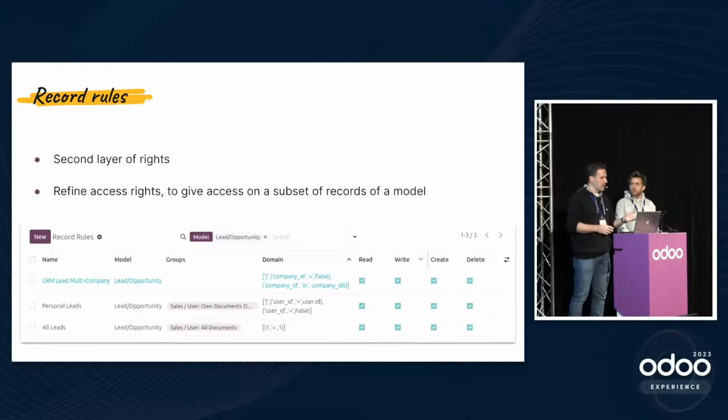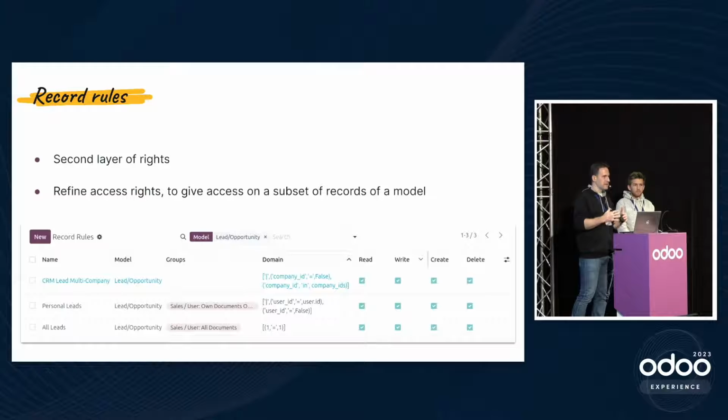These are specified not just with Boolean checkboxes as with the access rights, but with expressions, conditions that we write in the syntax of Odoo domains. They look like these expressions in the domain column that you see on the slide here, and they will filter any query that you send to the database system, and only the rows that match this condition will be returned. That's how you can think of them.